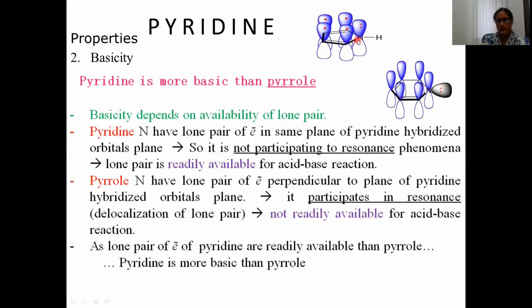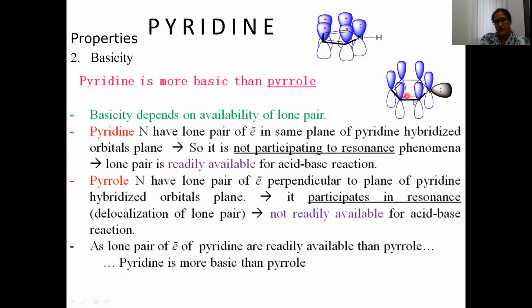Here in pyrrole, the lone pair is involved in the resonance process. By this reason, pyridine's lone pair of electrons is involved in acid-base reactions or any further reaction, and is free and available for reaction with another molecule.